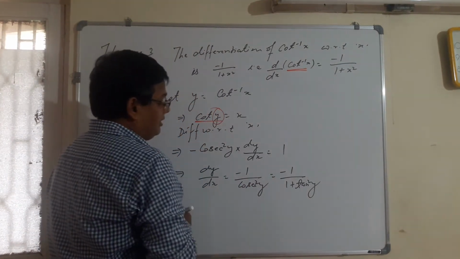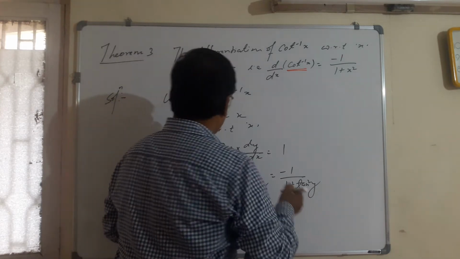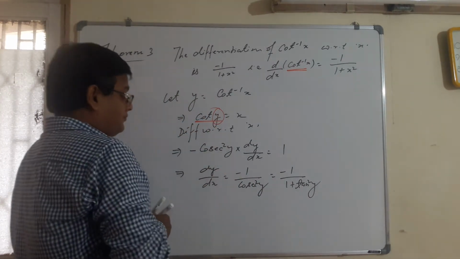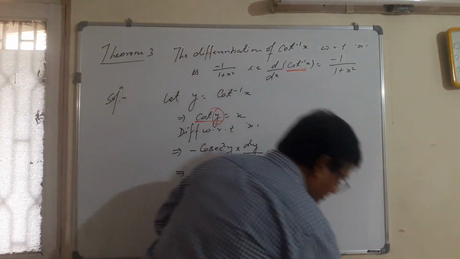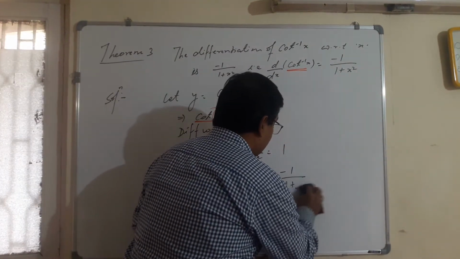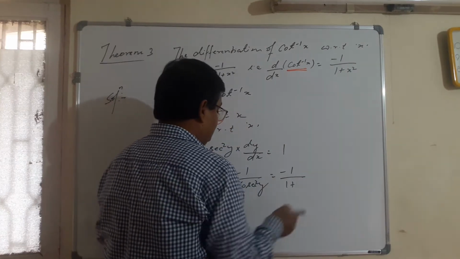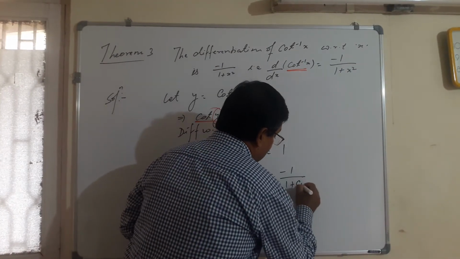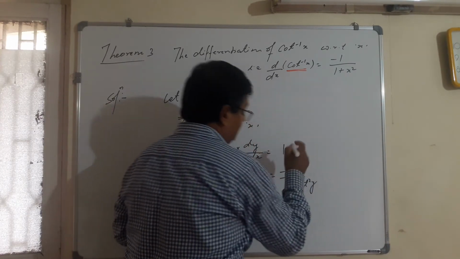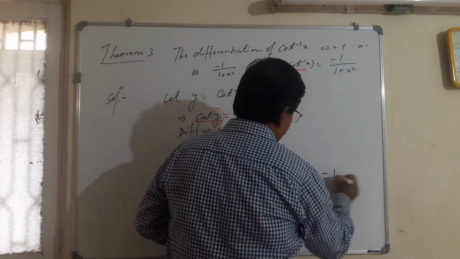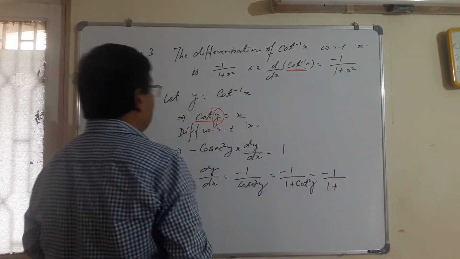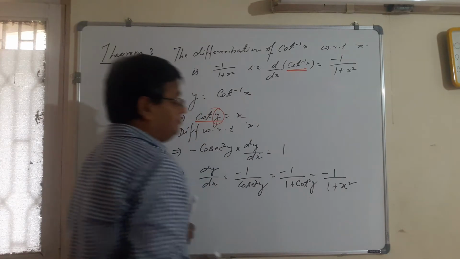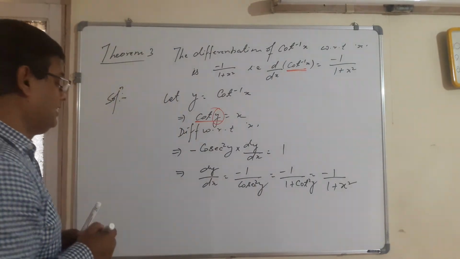Cos x square y. So here 1 plus cot square y is equal to cosec square y, so minus 1 over... cot y is x, so it becomes minus 1 over 1 plus x square.